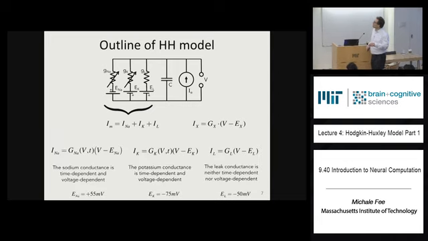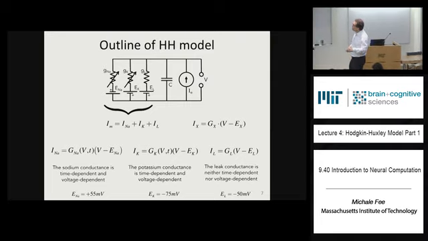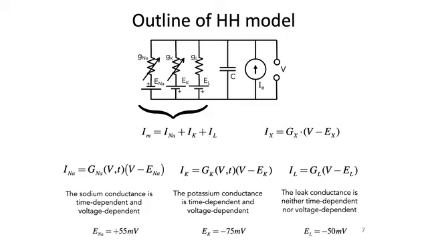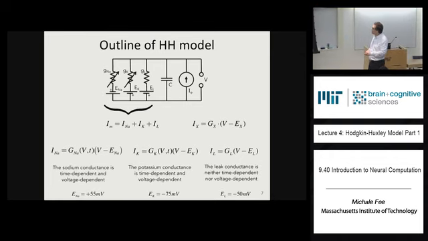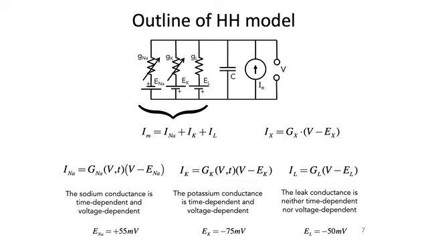All right, so let's come back to our circuit. Again, we have a sodium current. That's the sodium conductance times the sodium driving potential. The conductance is voltage and time dependent. The equilibrium potential for sodium, again, is plus 55 millivolts. The potassium current is just potassium conductance times the potassium driving potential. The driving potential is referenced to a battery, an equilibrium potential at minus 75, and the leak has a battery at minus 50 millivolts.